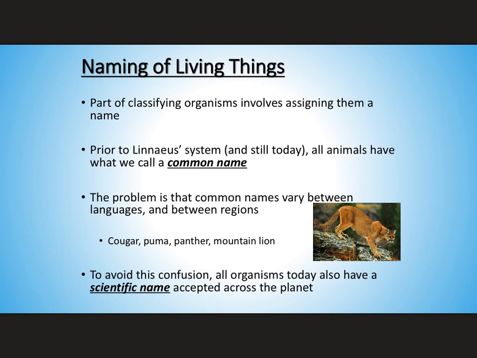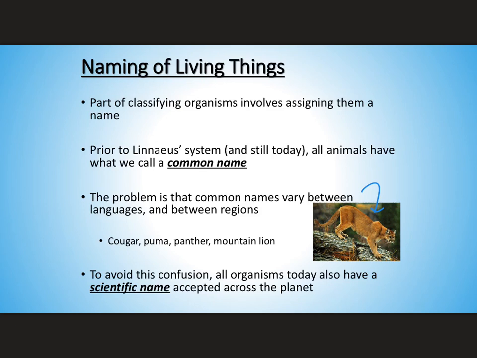Now, we can go beyond that though too, right? There are also issues with language barriers and even with regional barriers. And so this picture right here, right? The common name of this big cat differs depending on where you are, not only on the planet, but in our country, right?